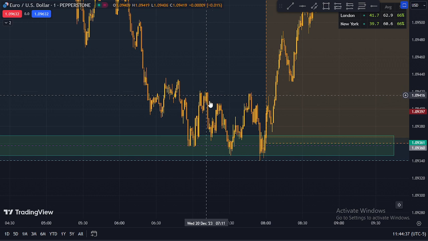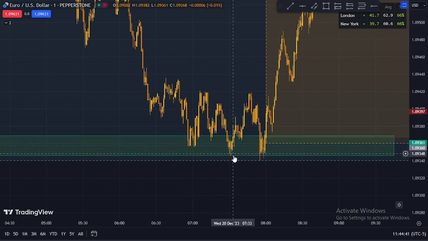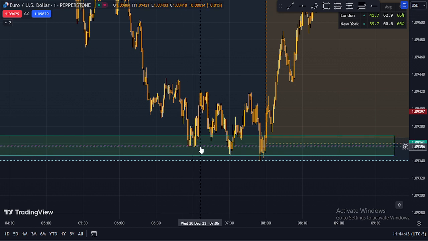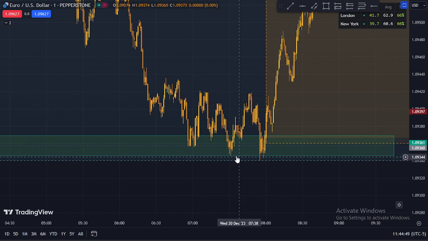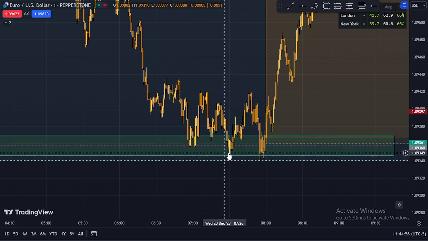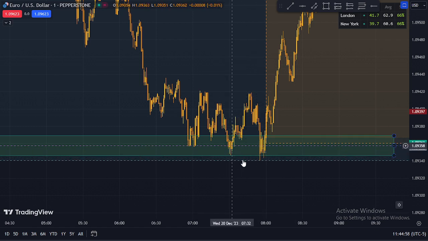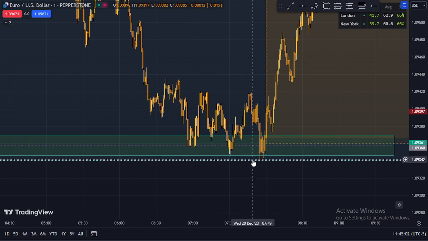So we had that run down. So we had this low came, cleared the sell side right there, and then went high, came back again. So it's coming back again just in case. But you see no candle close outside the fair value gap. So that shows that price is really bullish and we anticipate longs.